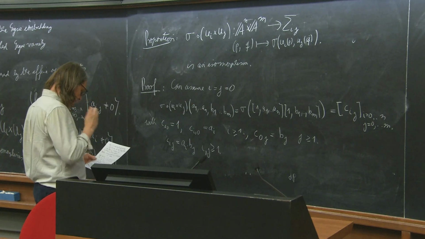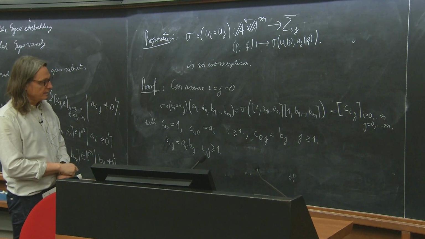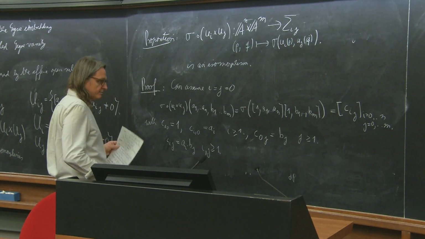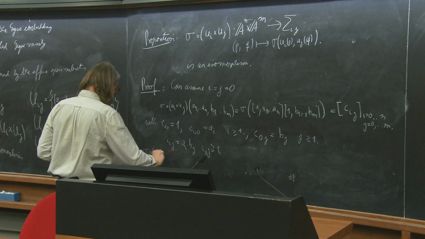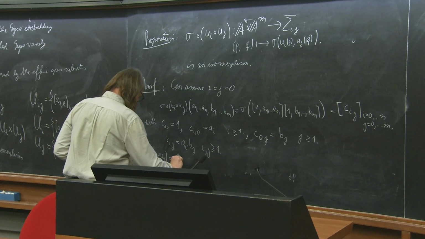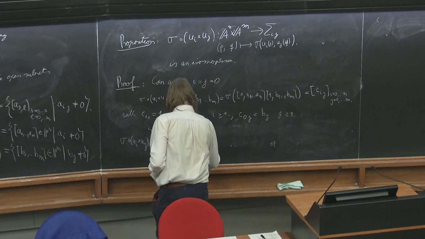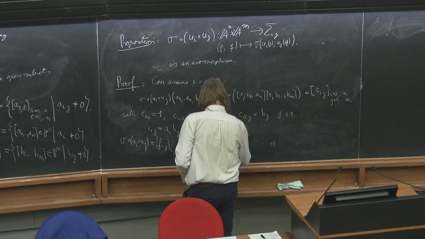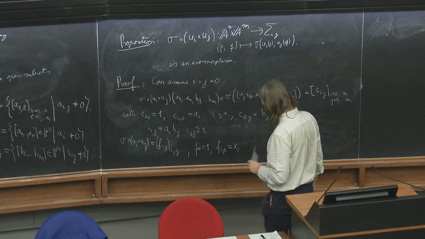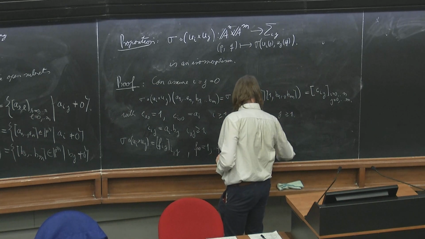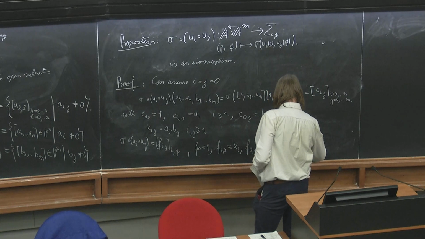I can write it explicitly. So we can write explicitly that the coordinates of this are functions which are regular everywhere, and so I can write this explicitly as sigma composed with u_i times u_j is given by some regular functions f_ij with f00 equal to 1, f_i0 equal in the same way to the ith coordinate x_i on A^n, f_0j equal to y_j, and f_ij equal to x_i times y_j.